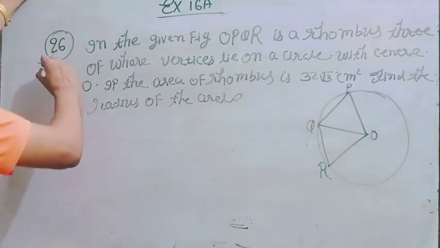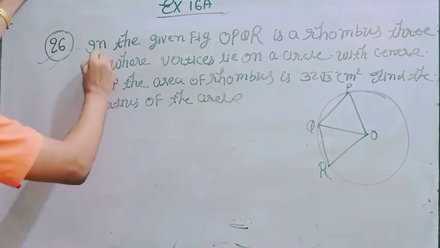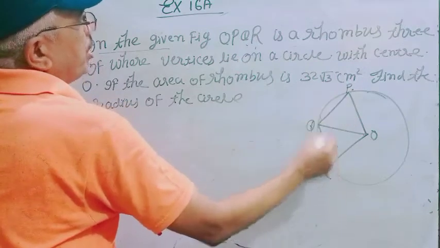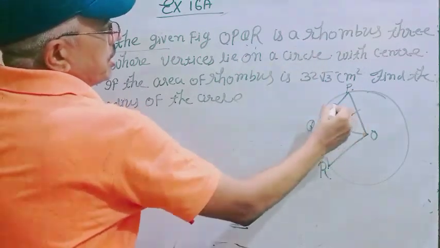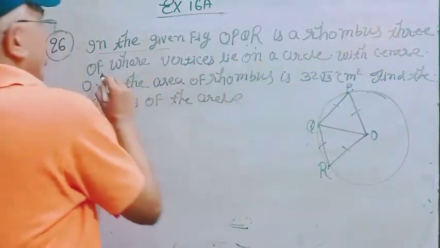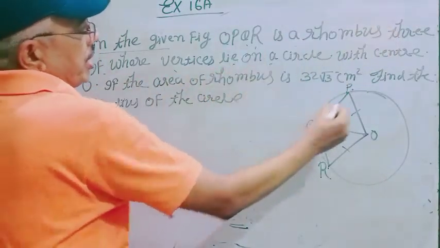Here is question number 26, that is in the given figure OPQR is a rhombus. That means the 4 sides are equal. It is a rhombus, 3 of whose vertices lie on a circle.